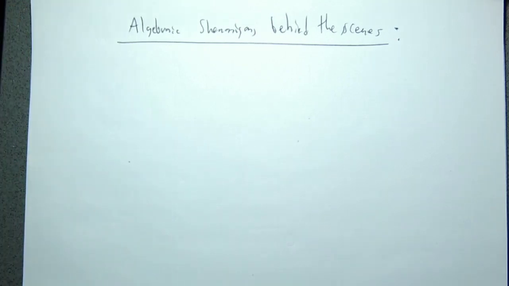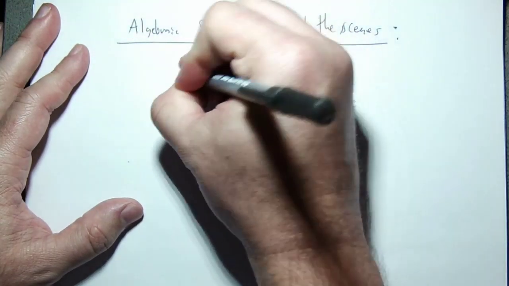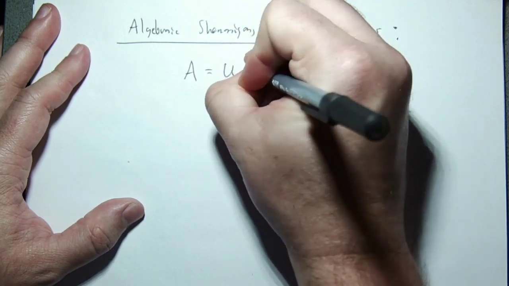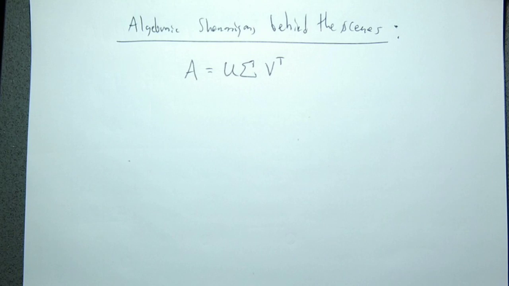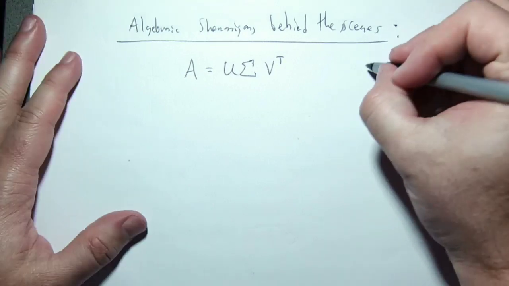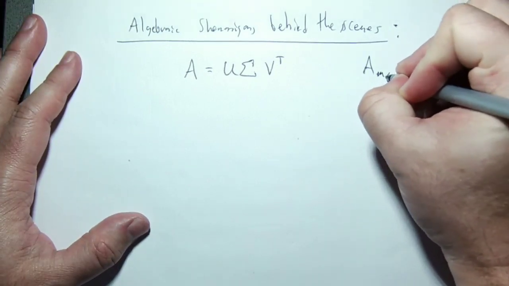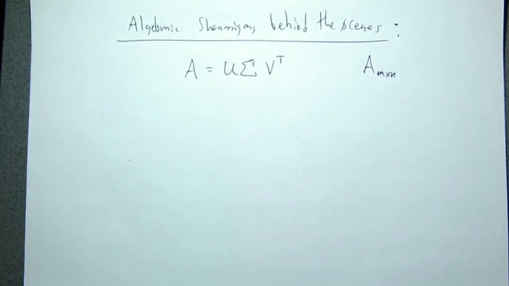So what is going on? Let's look at the SVD of a matrix A. It looks like this: U sigma V transpose. I'm not going to go over again all the properties that these have. You can refer to the previous video. A is an m by n matrix, of course. You know the properties of these things.